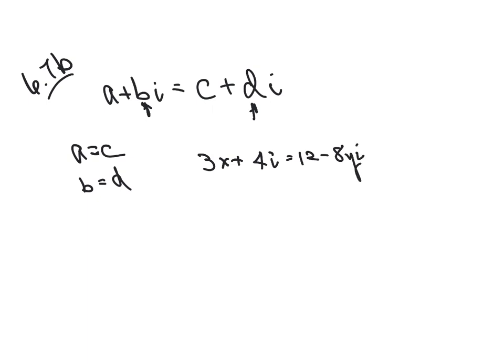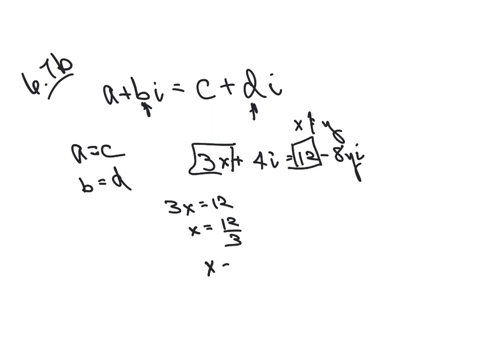What that means is if I've got that and I want to solve for x and y, what do I do? I take the real part and make those equal, and that helps me to find the x. And if I make these equal to each other, it gets me to find the y.